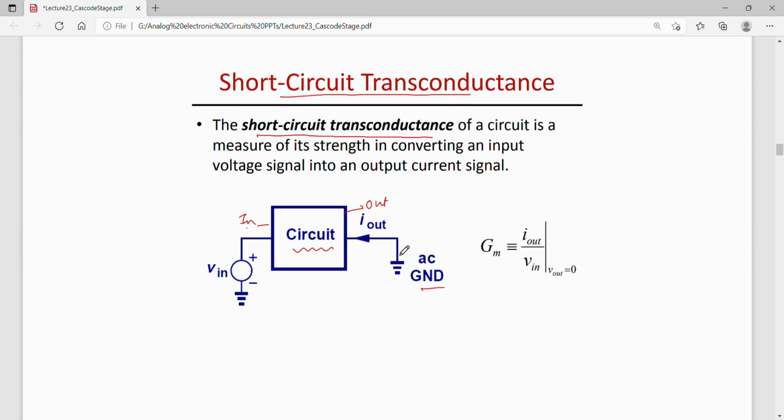So the output node is shorted to the ground, and then we find the I out by V in ratio, when V out is 0. This gives me the short circuit transconductance GM. So capital GM is the short circuit transconductance, which is obtained by shorting the output node to ground and finding the I out by V in ratio.